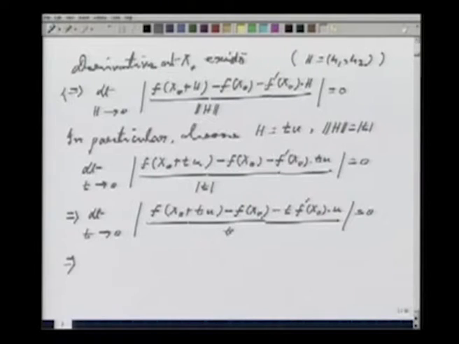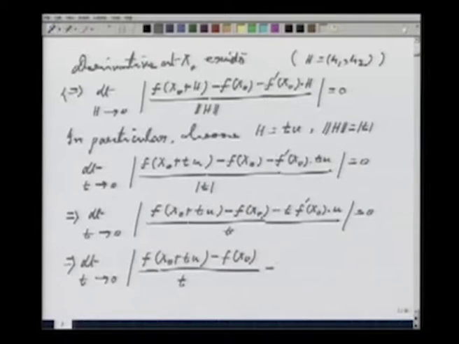This implies the limit, t going to 0, of modulus of f of x naught plus tu minus f of x naught, divided by t, minus f prime x naught dot u, is equal to 0.